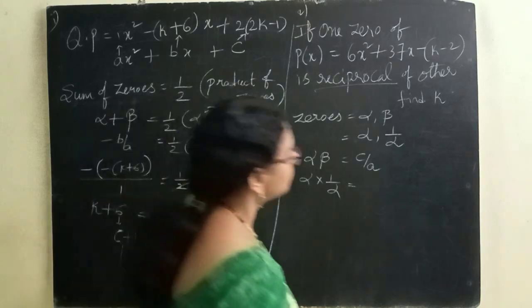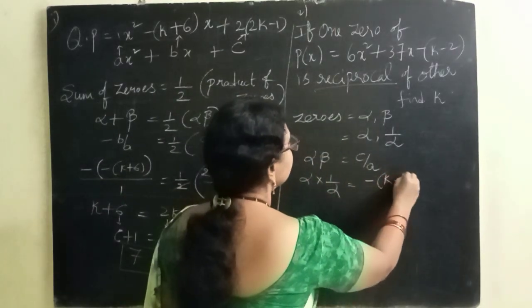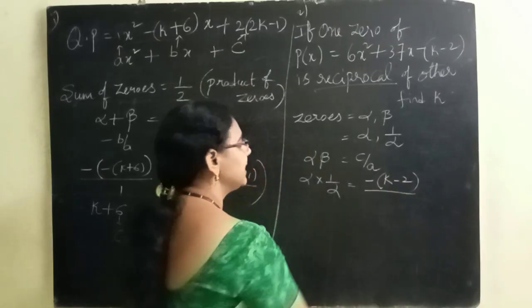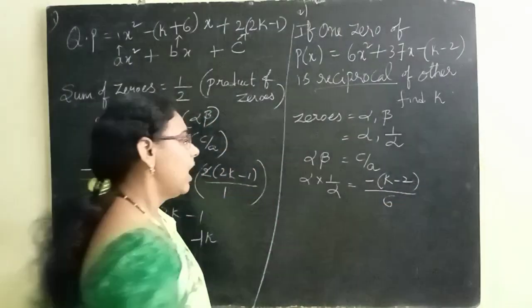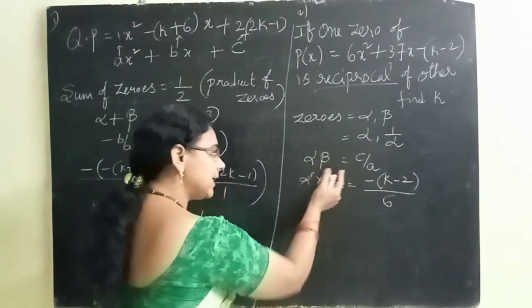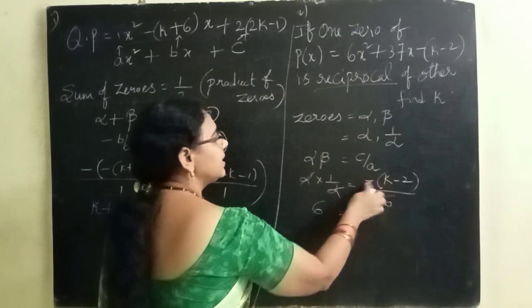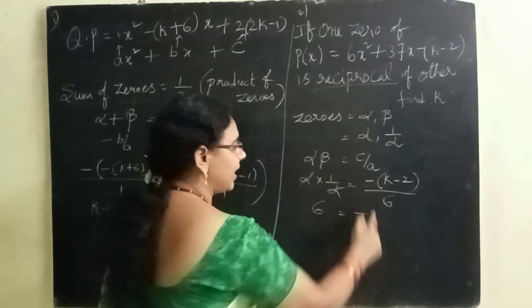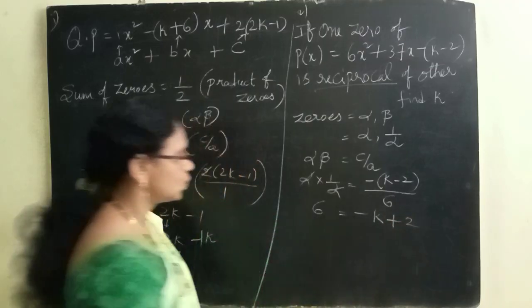C means the constant. What is the constant? Minus of k minus 2, by A, the x square coefficient. Alpha alpha cancel. Denominator 6 I am taking this side. 1 sixes are 6. Minus, I am multiplying with the inside of the bracket, minus k, minus of minus plus 2.